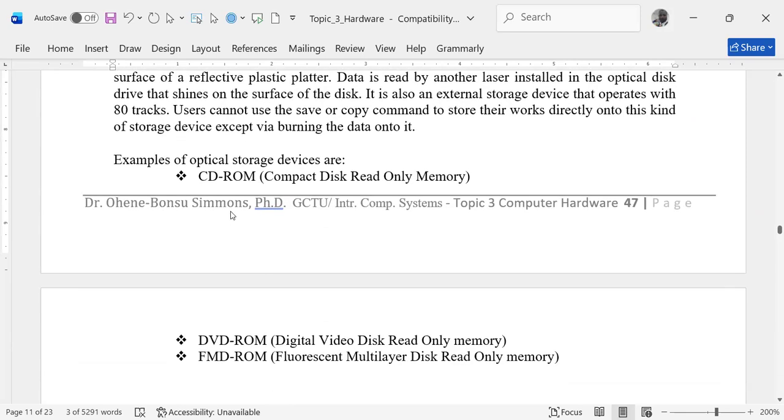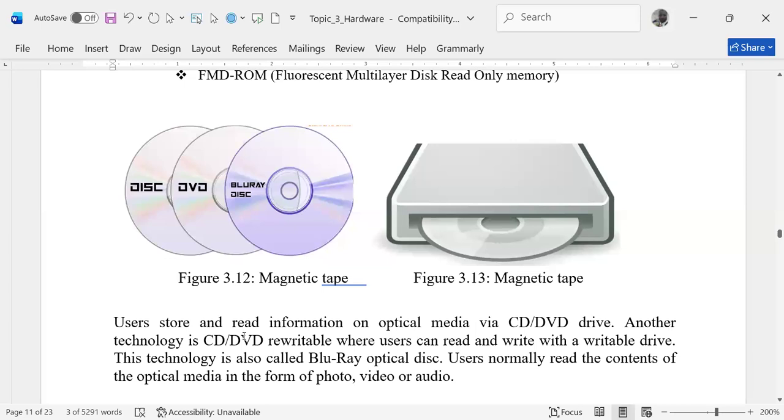And these are examples: the CD-ROM, the DVD, and so on. This is how it looks. The CDs and DVDs have the same appearance, but the technology used to manufacture them differentiates them into CD, DVD, or whatever.